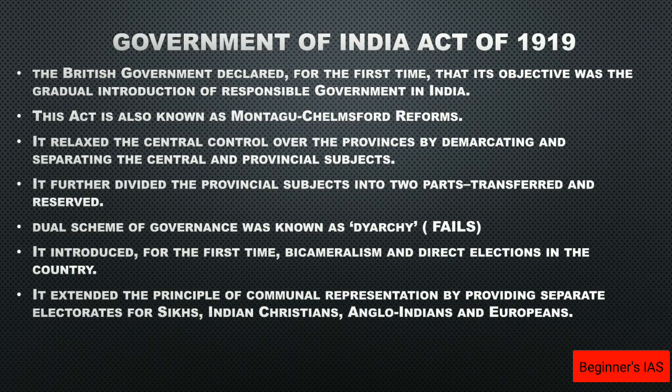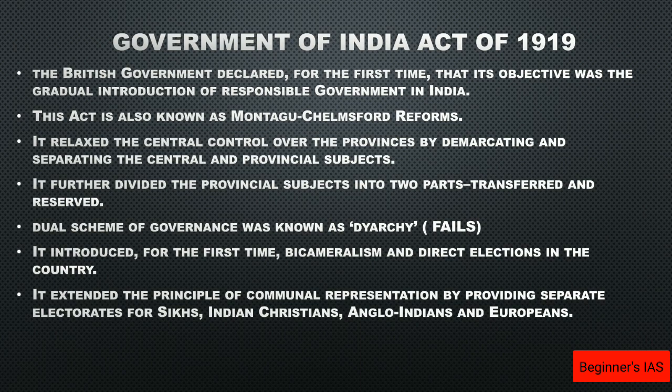So let us see the key features related to this act. This act relaxed the central control over the provinces by demarcating and separating the central and provincial subjects. So at present, that is the union list, concurrent list, state list.